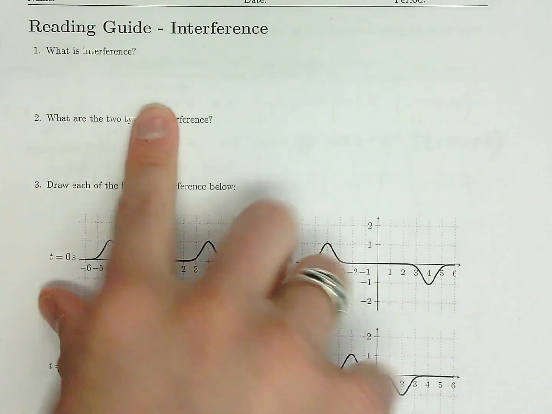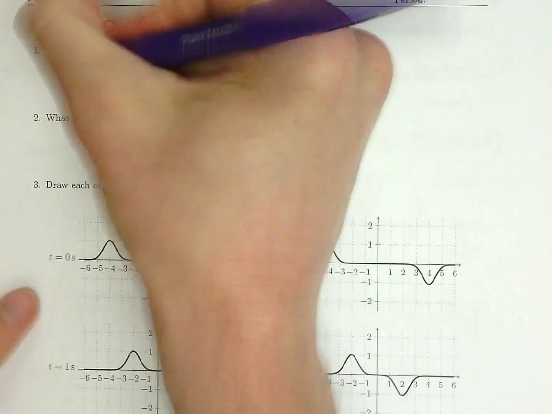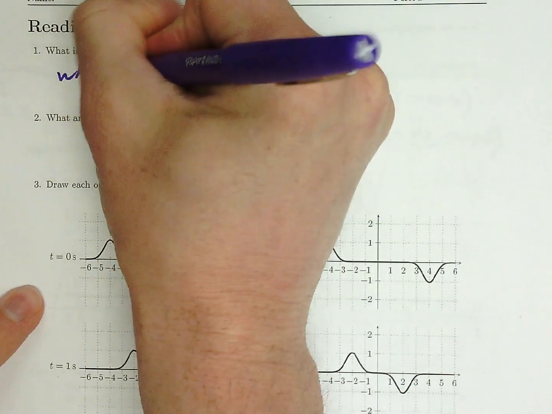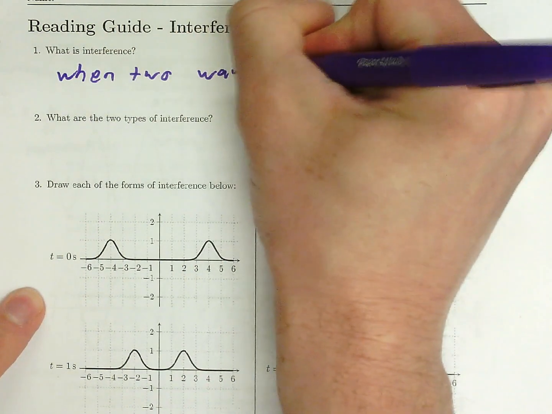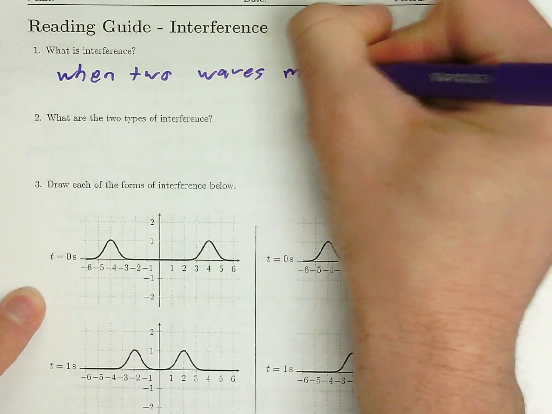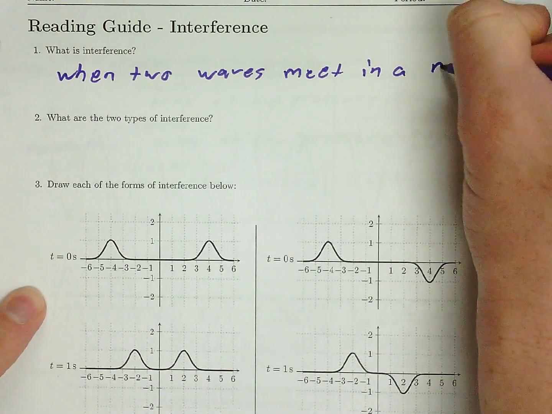So interference is when two waves collide with each other and overlap. So it's when two waves meet and overlap on the same medium.